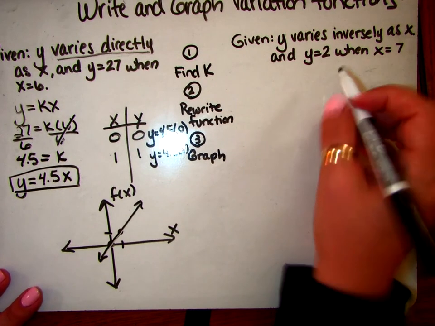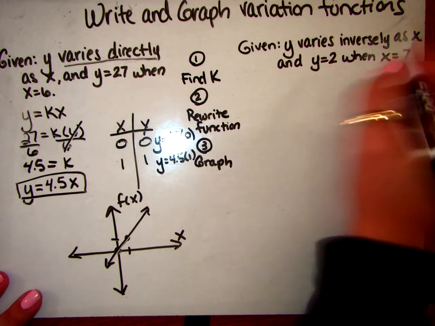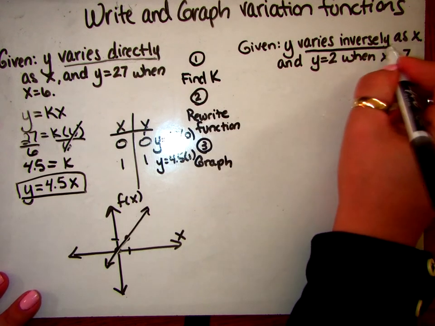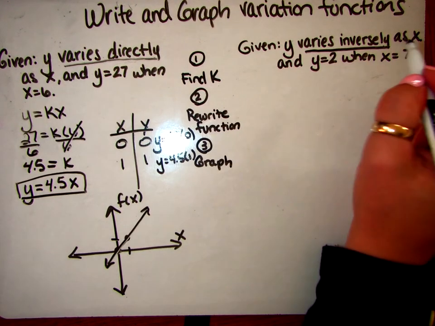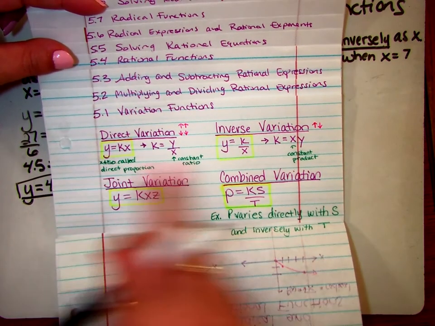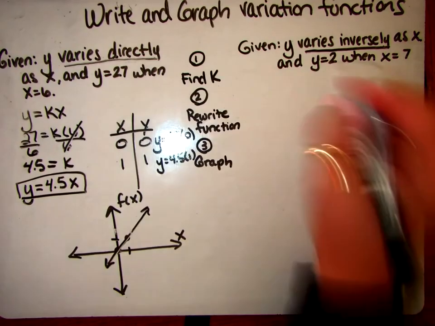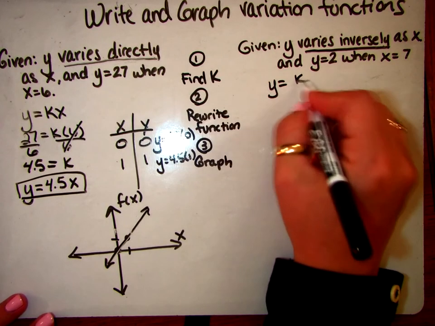All right, on this side, it's a little different. This one varies inversely. So we're looking for our keywords, and you can use your notes. Varies directly, we use that one. Varies inversely, we're going to use k over x. So y equals k over x.